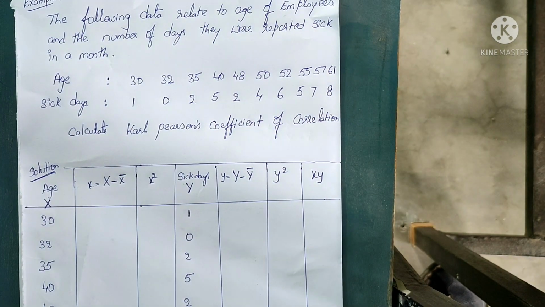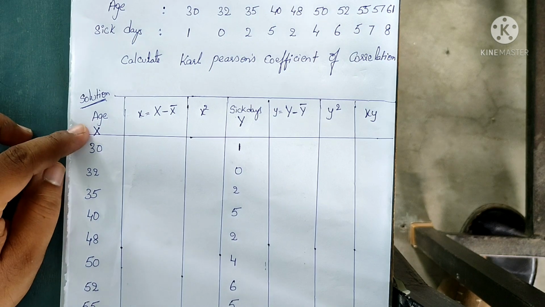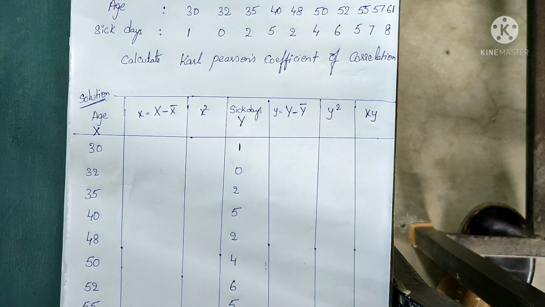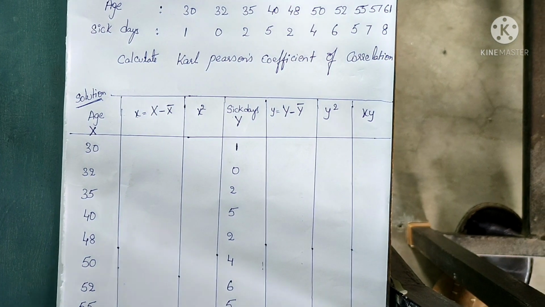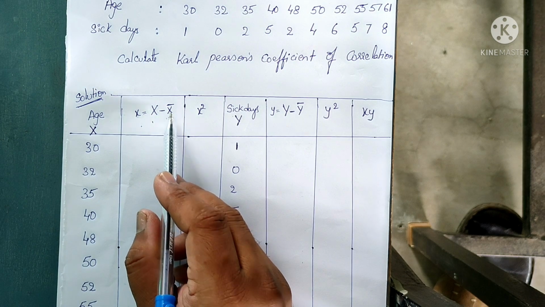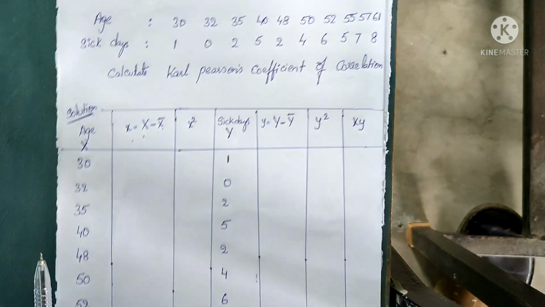While doing it in actual mean, they have given age, so let the age be x and sick days be y. We have to know x equals x minus x bar, where x bar means mean of x values.